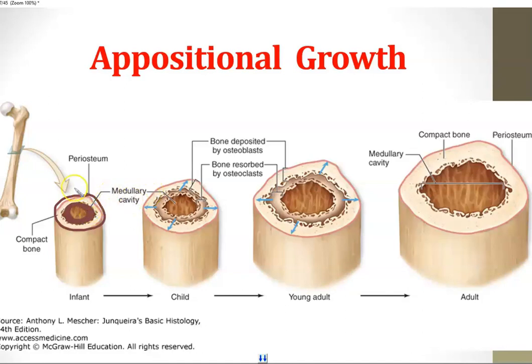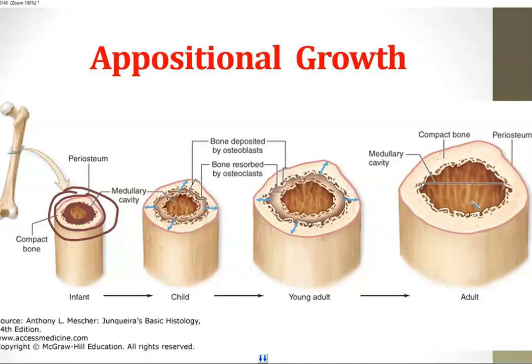So this is happening on the periosteal area and the endosteal area, on the outside and the inside. So we are hollowing out here and adding bone here. You can see here better, they're adding bone here and hollowing out here as we go, so that even though the diameter is getting bigger, your bone is not filling up with just all bone.